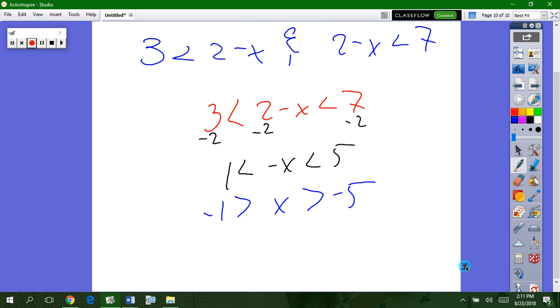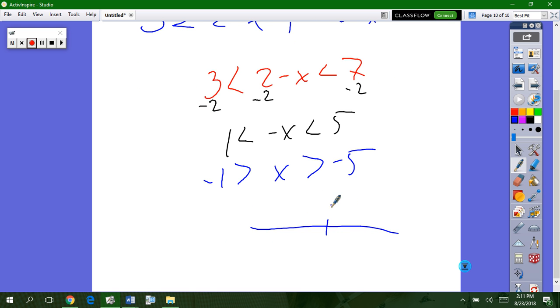So on my graph, this looks like this. Here's 0, here's negative 5, here's negative 1, and where is x? Notice if I erase this part, that's saying x is less than negative 1, so that's this part. Correct? This part is saying x is greater than negative 5.